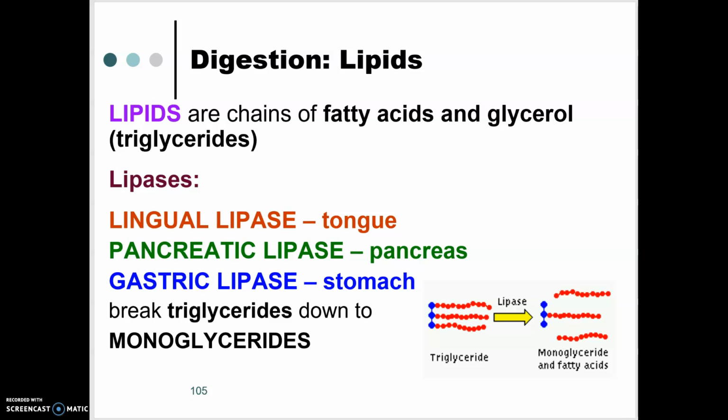So here's our molecule of glycerol, those blue chains, and then we get 3 fatty acid chains, 1, 2, 3, and those lipases are going to split that into a monoglyceride, which is this guy right here, and then long chain fatty acids, which are red circles right here. Now, breaking this triglyceride down into monoglyceride and fatty acid chains is going to make it a little bit easier for us to absorb.